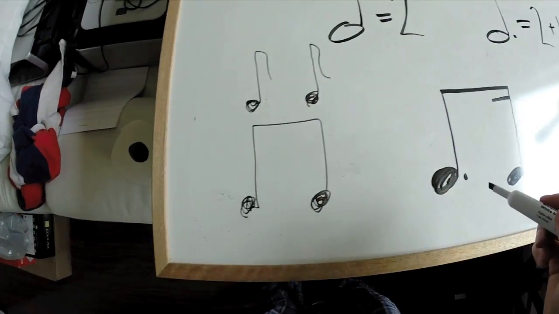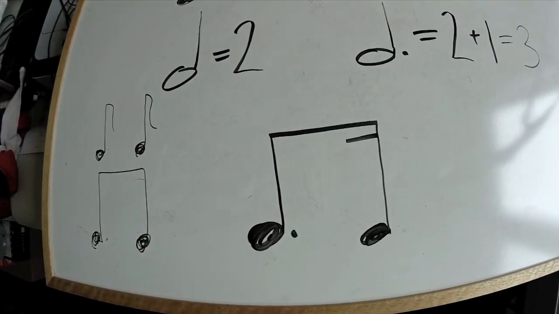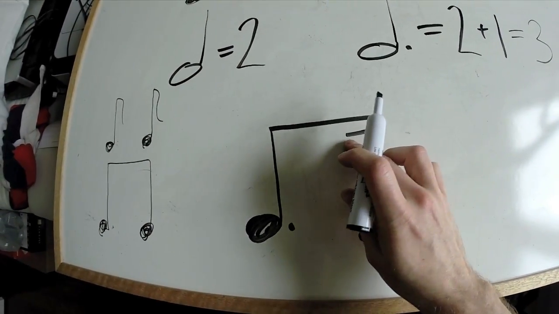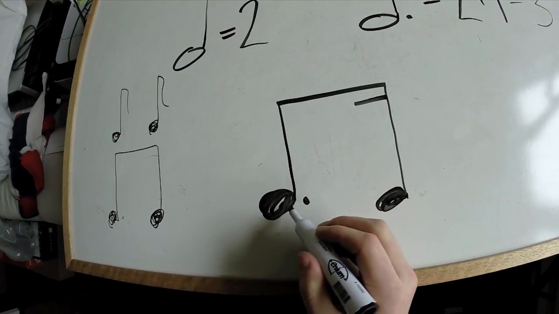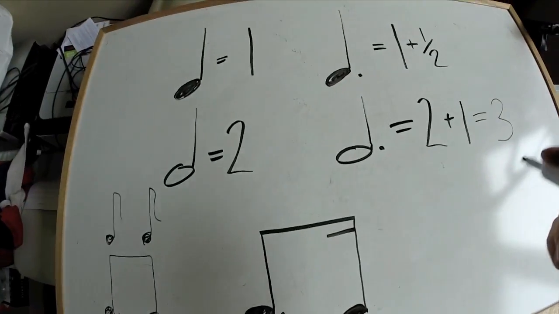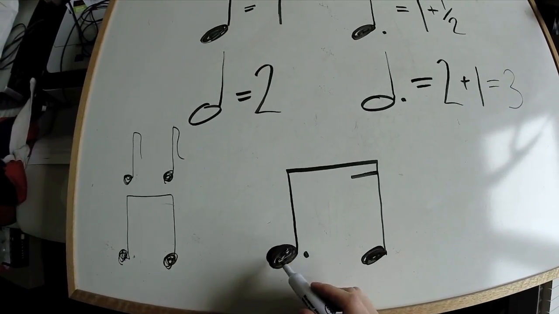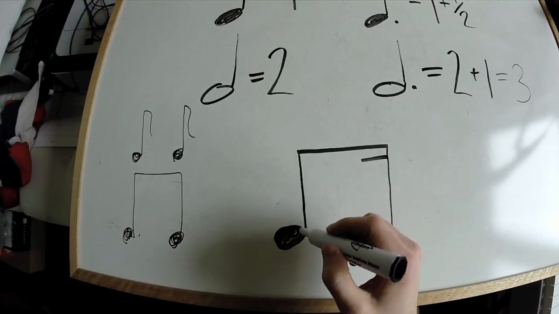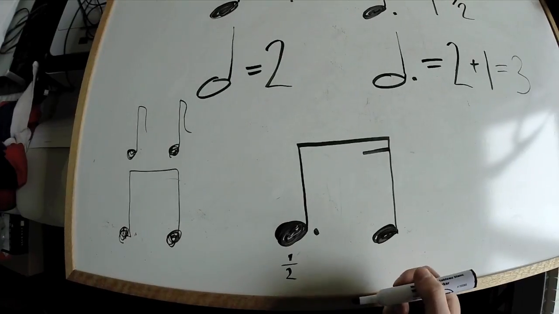Now you can see here we've added the dot and the 16th note for this side. So the dot, just like we did with the other 2 examples, will add half of its value.